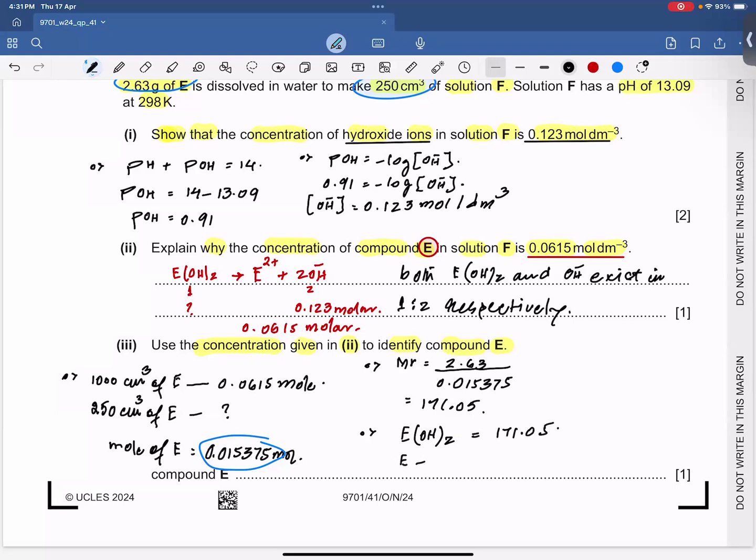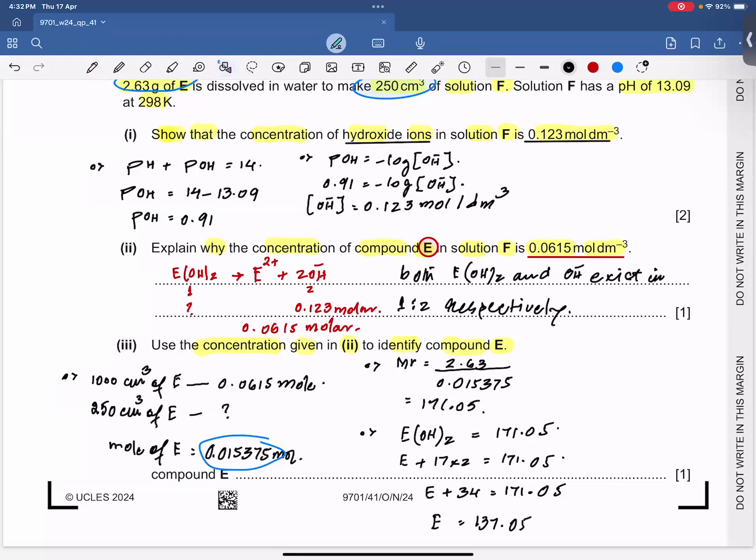Now EOH taken 2 is the formula of group 2 hydroxide, which is equal to 171.05. Now E plus hydroxide has a MR of 17 multiplied by 2 equals 171.05. Then E plus 34 equals 171.05. So E is going to be 171.05 minus 34, 137.05.